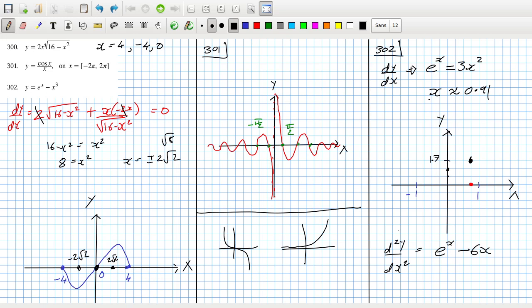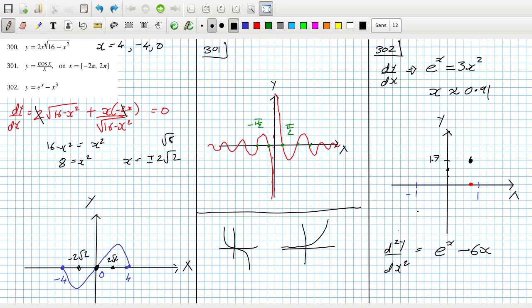Let's have a look here. e to the x minus x cubed.